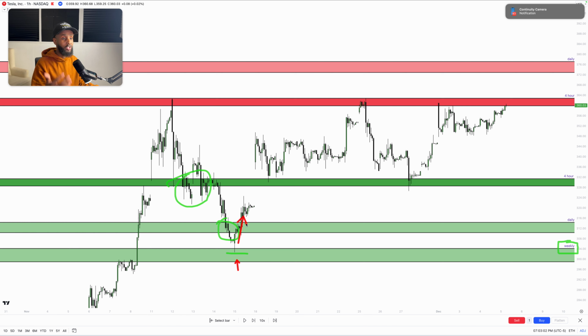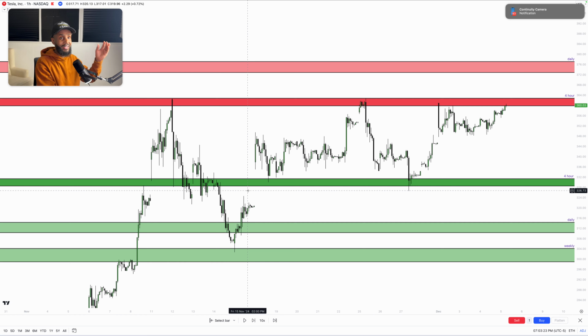Then it breaks the daily level to the upside. That is a bullish move. Then Tesla breaks the 4-hour level to the upside. So I ask myself the question: what is Tesla breaking? Is it breaking supports or is it breaking resistance levels?